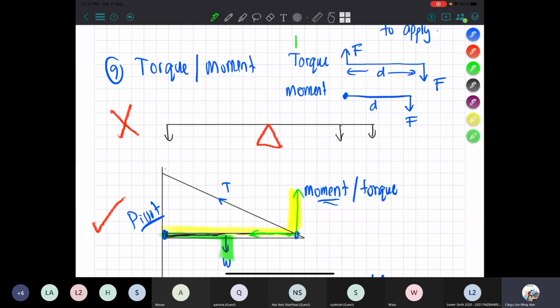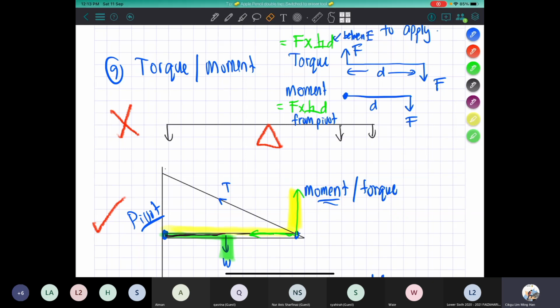Torque is actually the force times the perpendicular distance between them. Actually it is the same, only the distance is already the same. For moment, the distance is from the pivot, while for torque it is between the two forces. But actually they are the same.